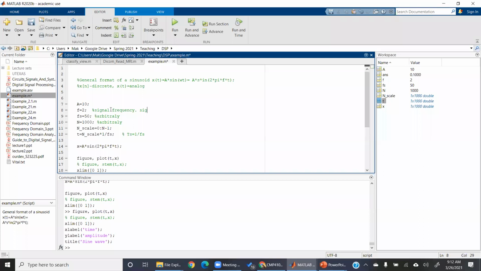And so the signal period will be 1 over f. When you define the sampling frequency, that's fs, it means the sampling period is 1 over fs.